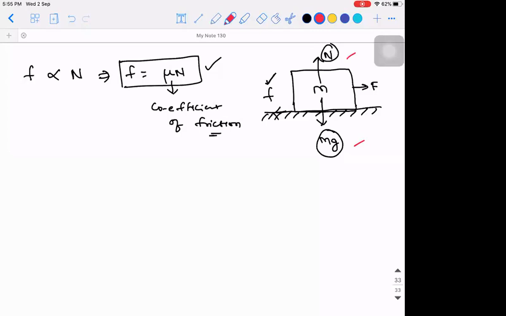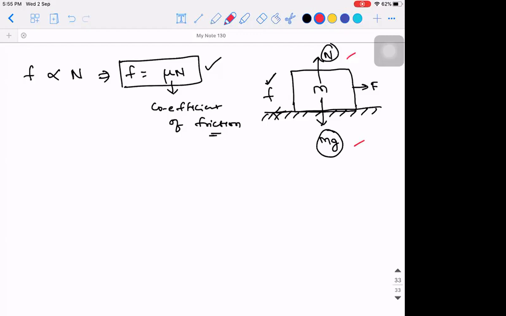Sir, because weight is the inner force of the object. Okay. Then what about normal? Why are we not using weight? It is because logically it has no relation with the surface.